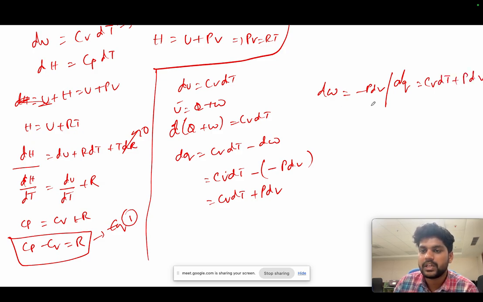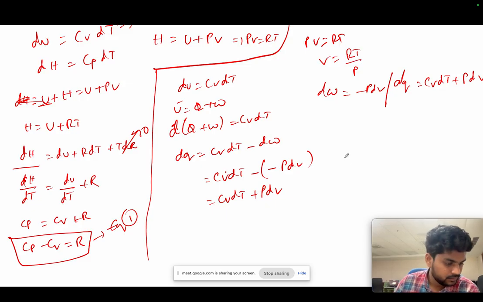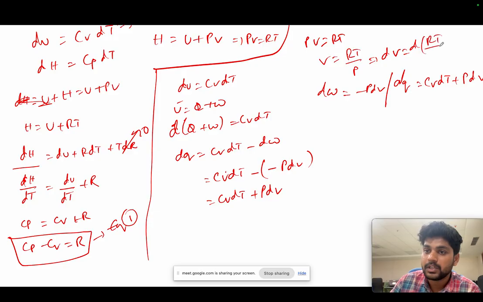Now converting the equation entirely using pv equal to RT, so v equal to RT by p. If I do dv with respect to temperature and pressure, I am changing it here, so it becomes R dt by dp.